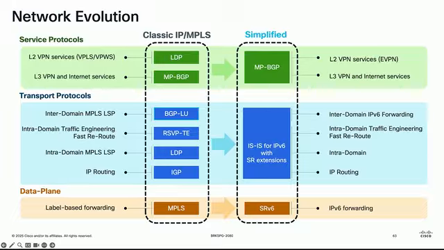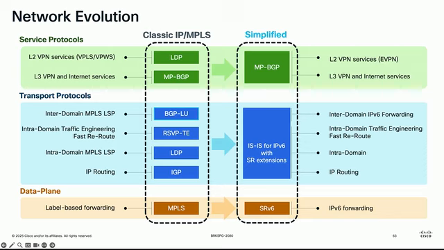Well, in a simplified network based on segment routing, you can eliminate LDP, RSVP-TE, and BGP-LU. The IGP, ISIS, with SR extensions can provide all of those capabilities and beyond.